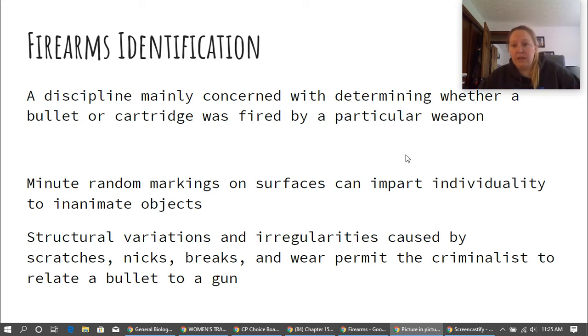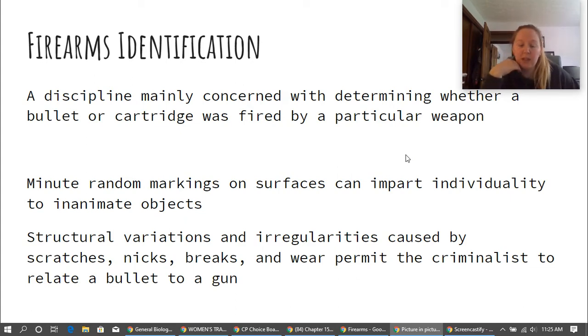Firearms identification is an actual discipline of forensic science. I have friends that I graduated college with that are actual firearms examiners. Their job is to handle the identification of any firearm brought into the lab by a police officer. It's a discipline mainly concerned with determining whether or not a bullet or a cartridge was fired from a particular weapon.